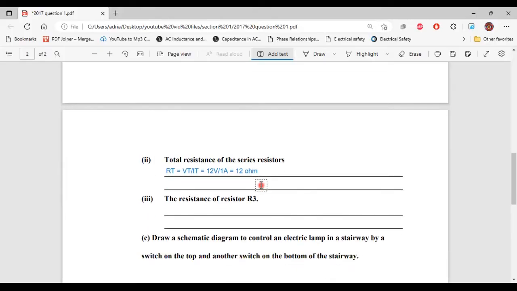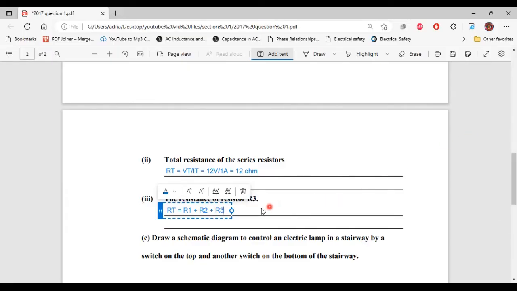Now, for part 3 of B, it says to calculate the resistance of resistor R3. All right, so we know that to calculate the total resistance for a series circuit, and to be more specific for this circuit, RT is equal to R1 plus R2 plus R3.